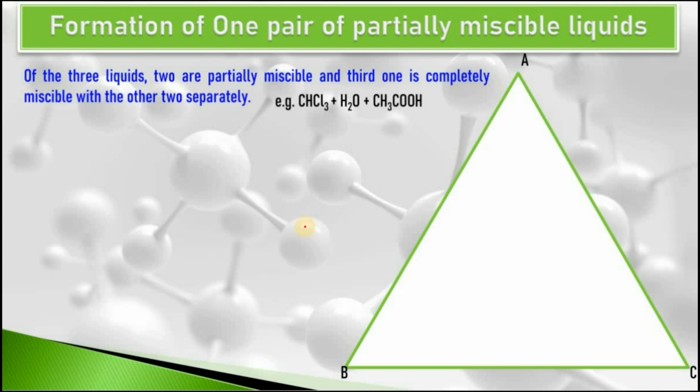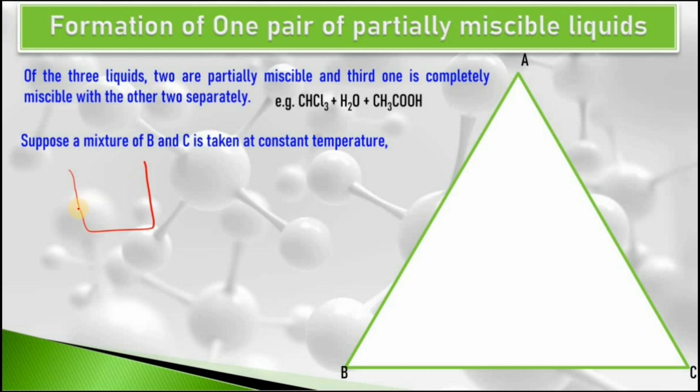And we start with B and C. Suppose a mixture of B and C is taken at a constant temperature. From our example, we started with a mixture of chloroform and water taken at a constant temperature. As we know, B and C are partially miscible.